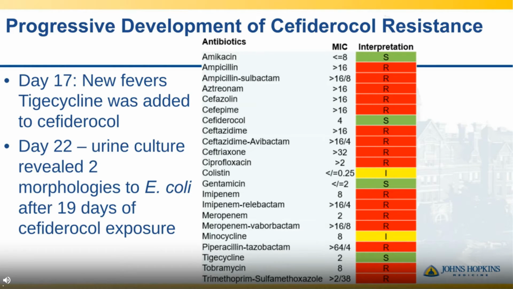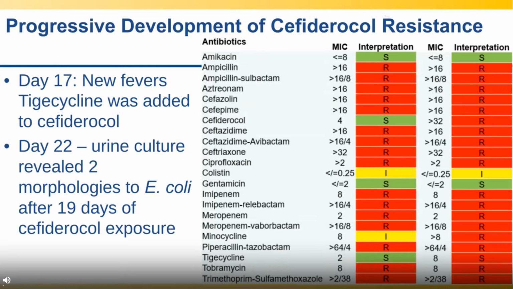However, the second morphology demonstrated frank resistance to cefiderocol as well as minocycline and tigecycline. While on cefiderocol and tigecycline therapy, we further recovered the same second morphology from a blood culture isolate of this patient.